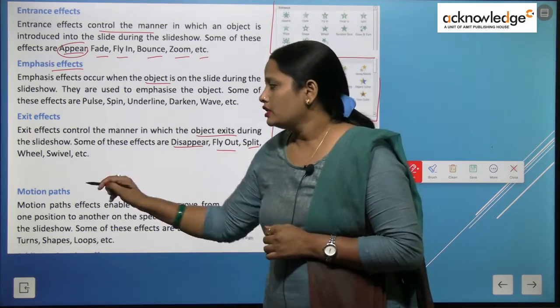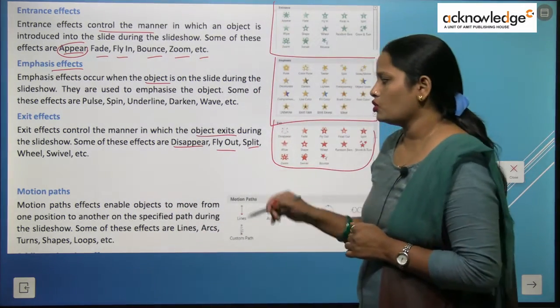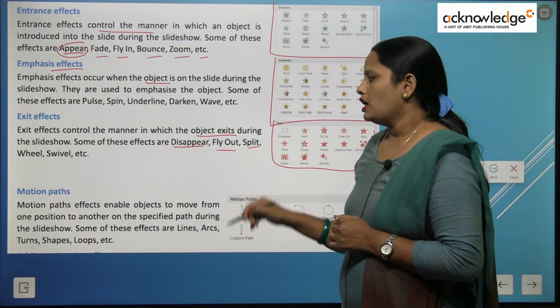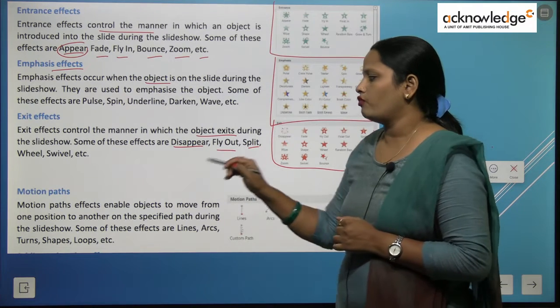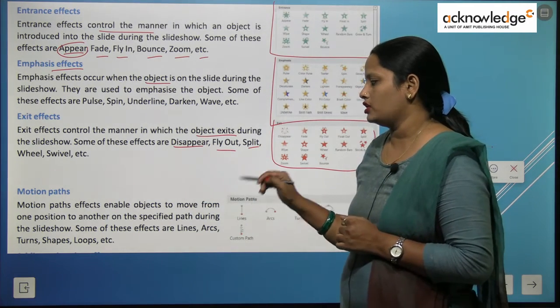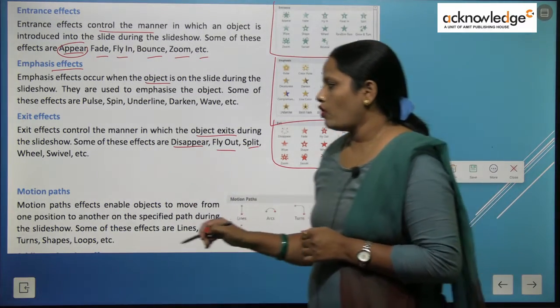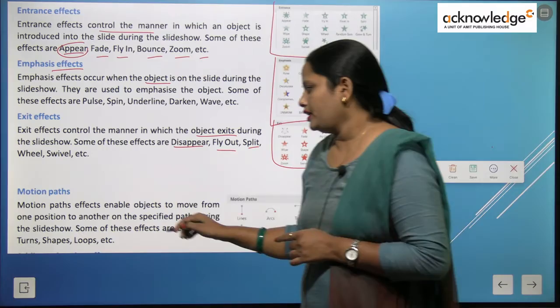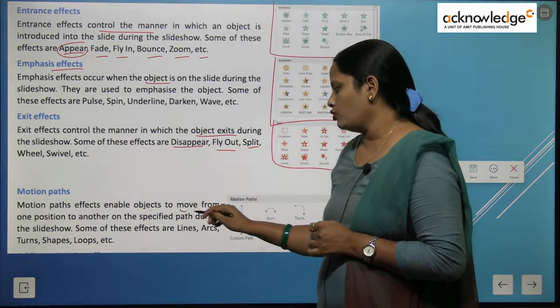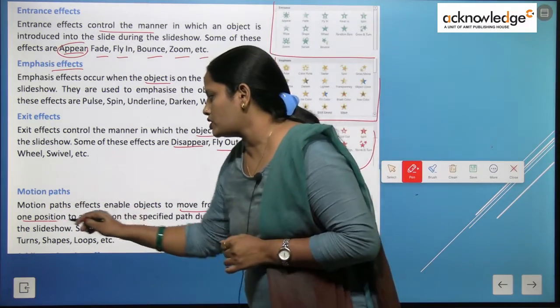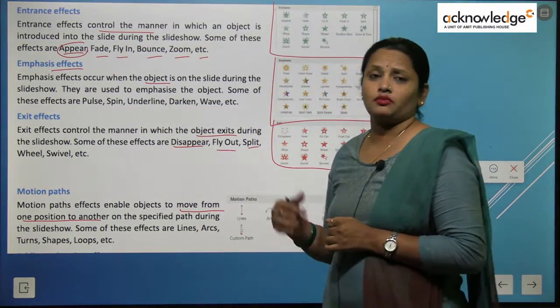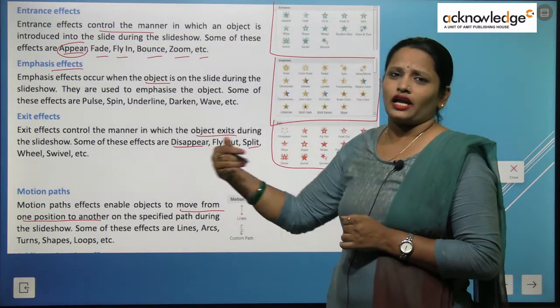Next comes the motion path. Motion path effects enable objects to move from one position to another on a specified path during the slideshow. So what is the use of motion path? It enables objects to move from one position to another. The meaning of motion is something that is moving.